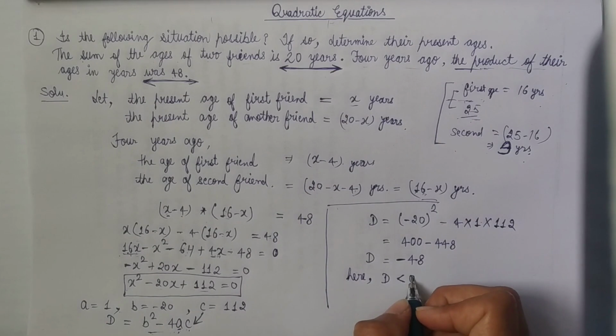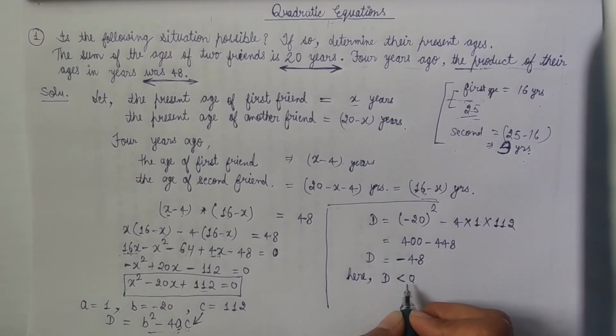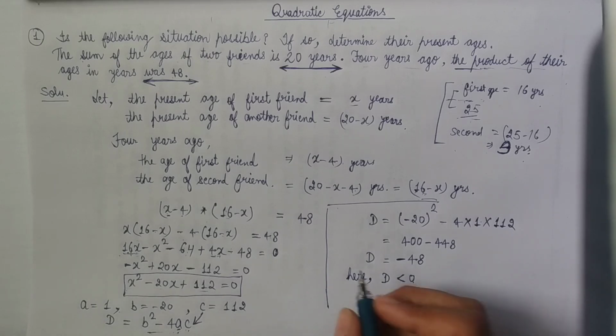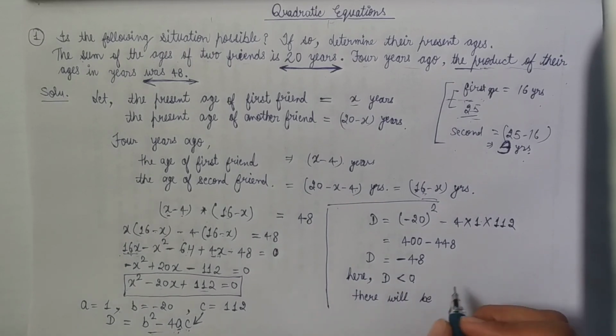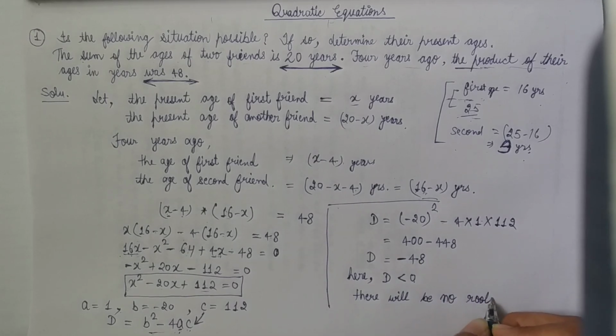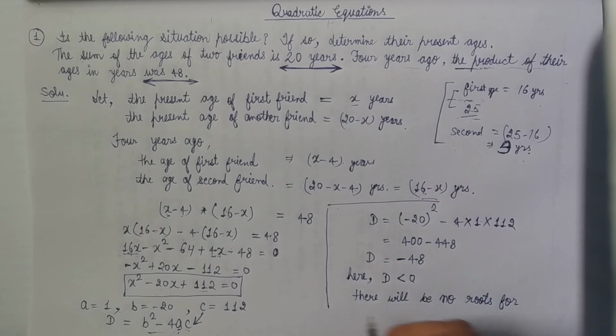So the value is lesser than 0. So for the value of discriminant lesser than 0, there will be no existing roots. No roots for this situation.